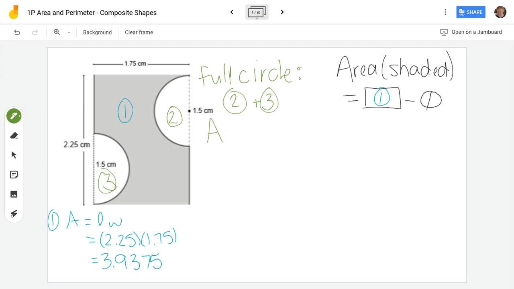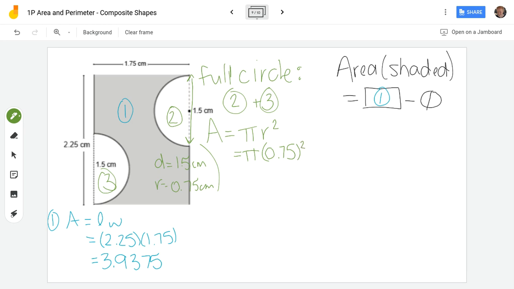So area of a circle is pi r squared. Again, we need the radius first. The diameter from here to here is 1.5 centimeters, which means the radius is 1.5 divided by 2, which is 0.75 centimeters. So the area is pi times 0.75 squared.